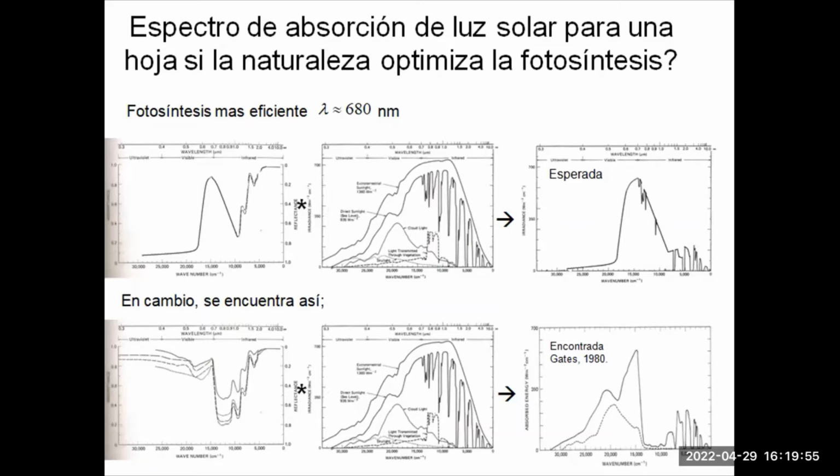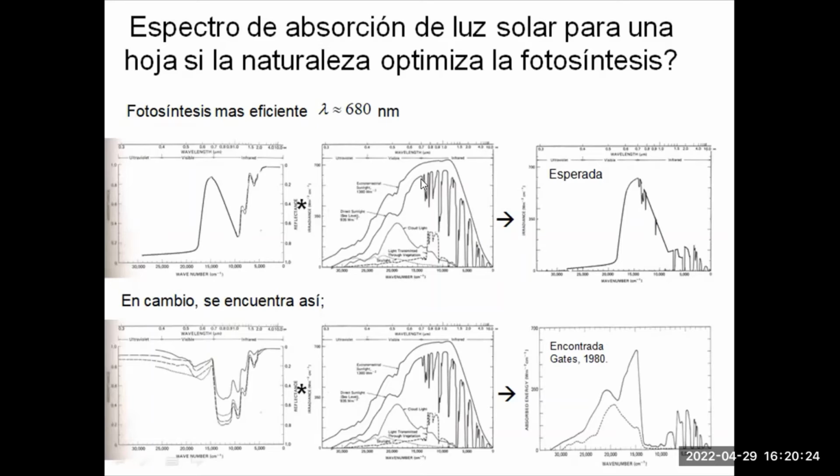So that corresponds to this peak. I don't know if you can see my pointer. It seems to disappear every once in a while. It has to do with the slow rate of my computer, but it's the first graph on the upper row towards the left. So that is what we would expect the absorption to be like if nature was optimizing photosynthesis.